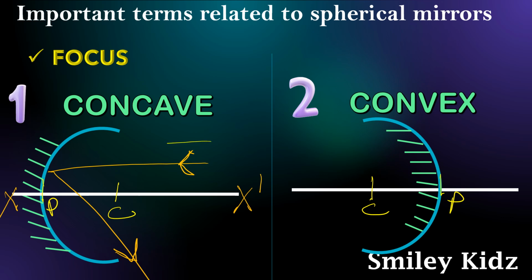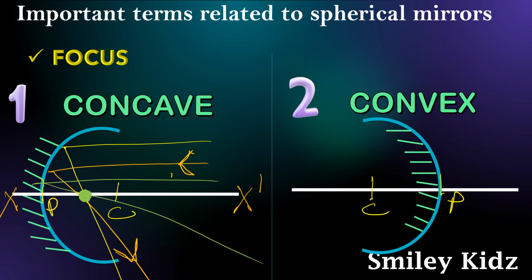Let's say again I pass a parallel beam of light which is reflecting back in this way. And same with the third one. And what do we observe in common? They meet at this particular point. That is, there is a point of intersection on the principal axis.